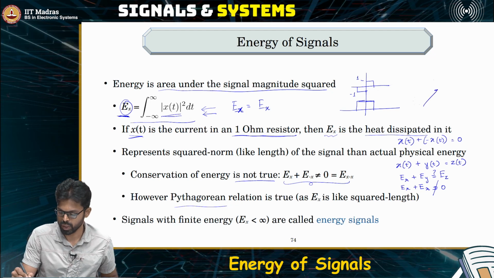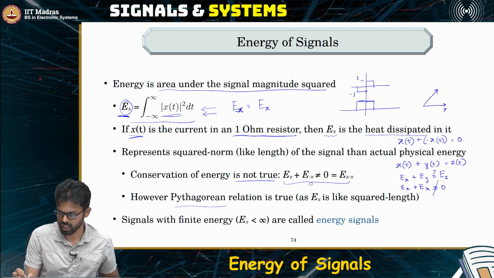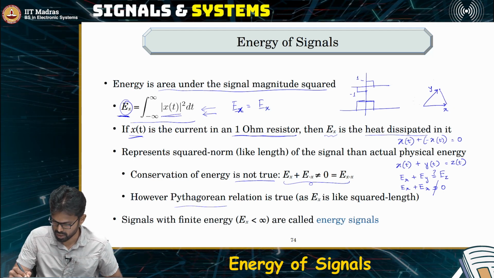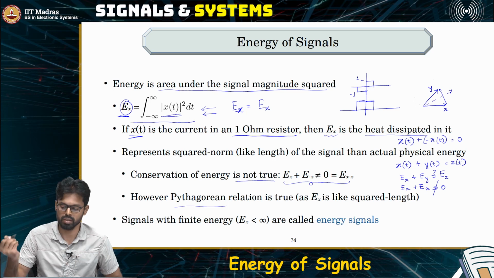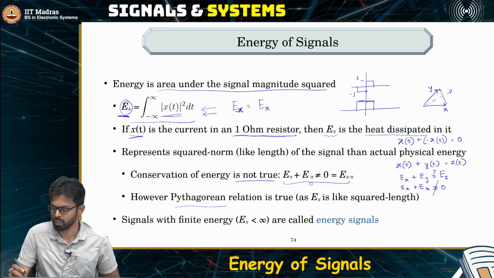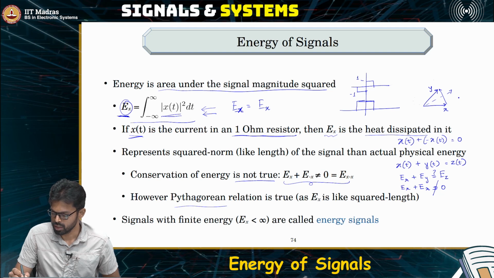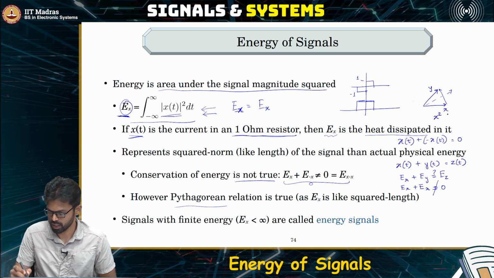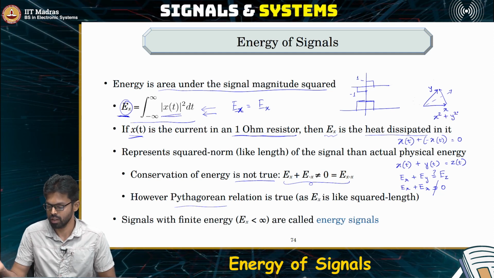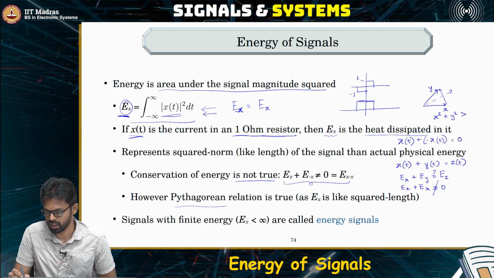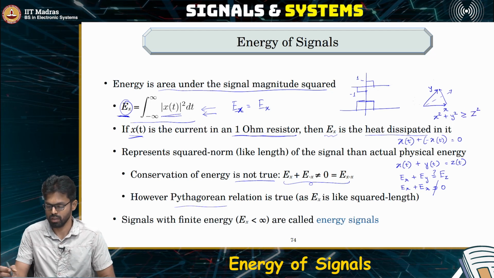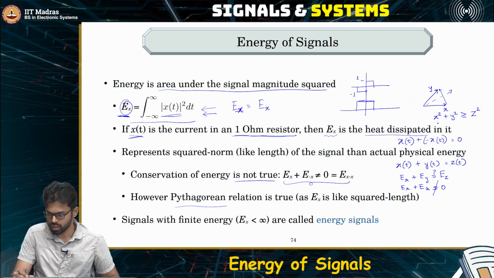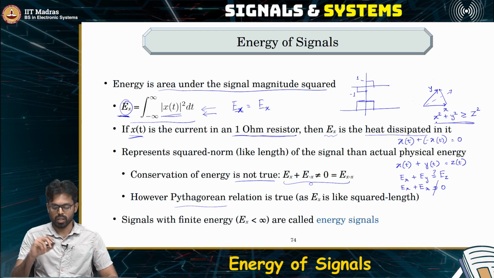If we have two vectors, let's say this is x, this is y, then their sum, which we represent like this or like this, is given by this relationship. x squared plus y squared is always greater than or equal to z squared, where z is the additive vector, right?